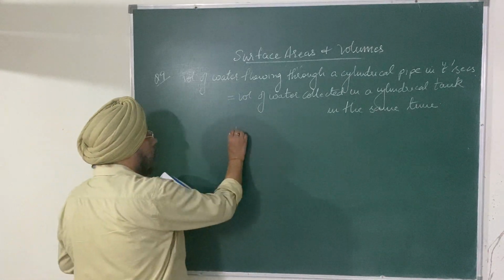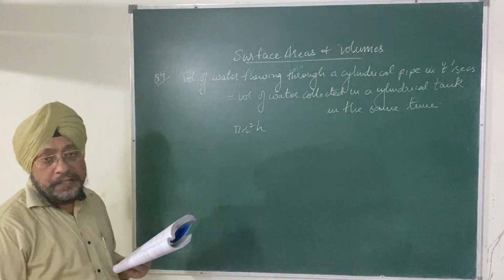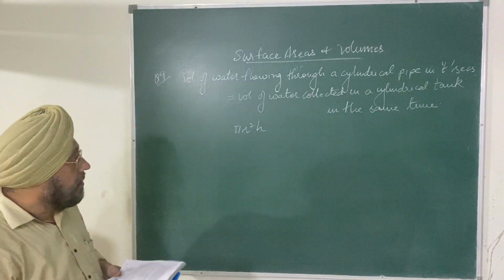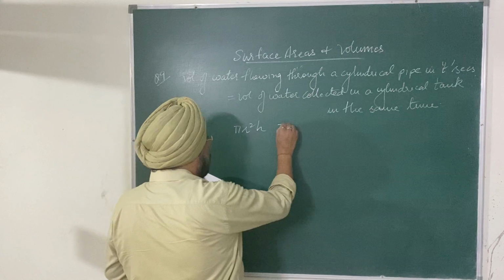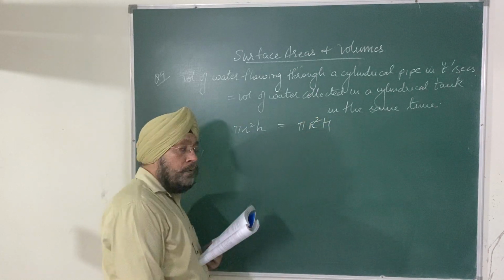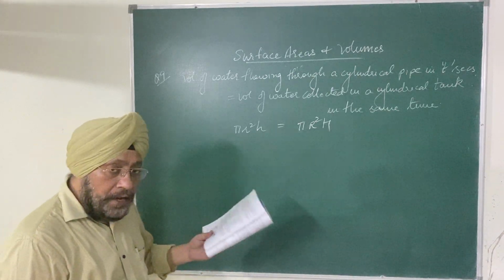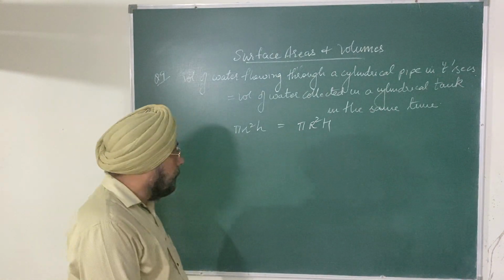So for a cylindrical pipe, the volume must be pi r square h, where small r and h are the radius and the height of the cylindrical pipe respectively, and this must be equal to the volume of the water collected in a cylindrical tank, where capital R and capital H are the radius and the height of the cylindrical tank.